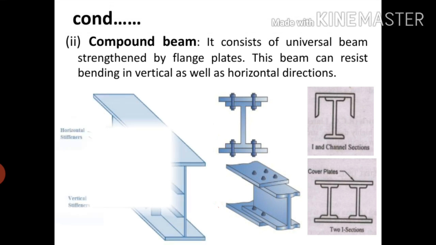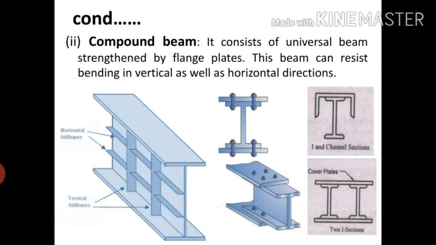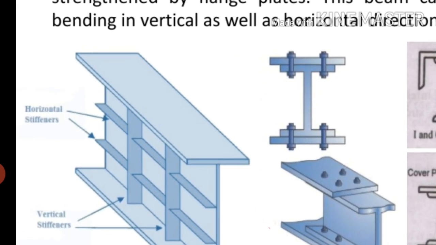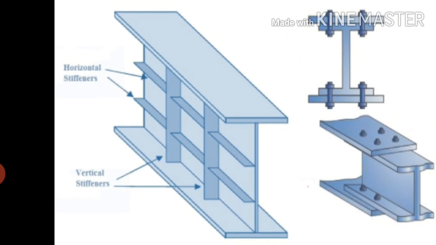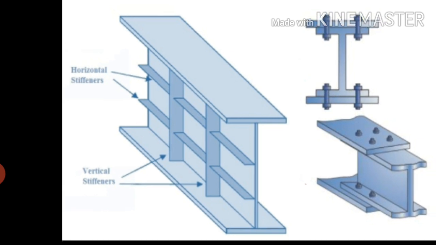And in heavy structures like bridge structures, if the span is very long, the girders like this are called plate girders. In these plate girders, vertical stiffeners as well as horizontal stiffeners are provided just to prevent buckling of the web. This is also called a compound beam or built-up section.